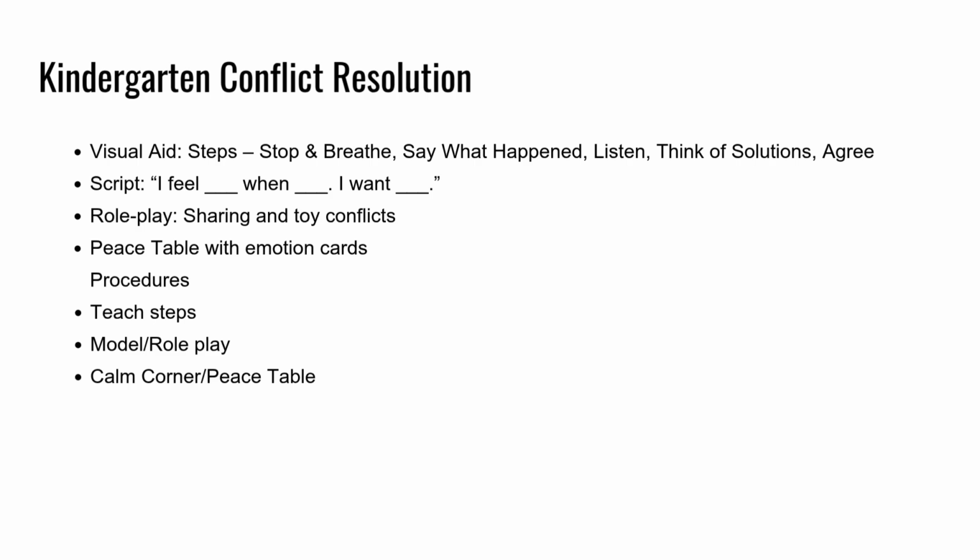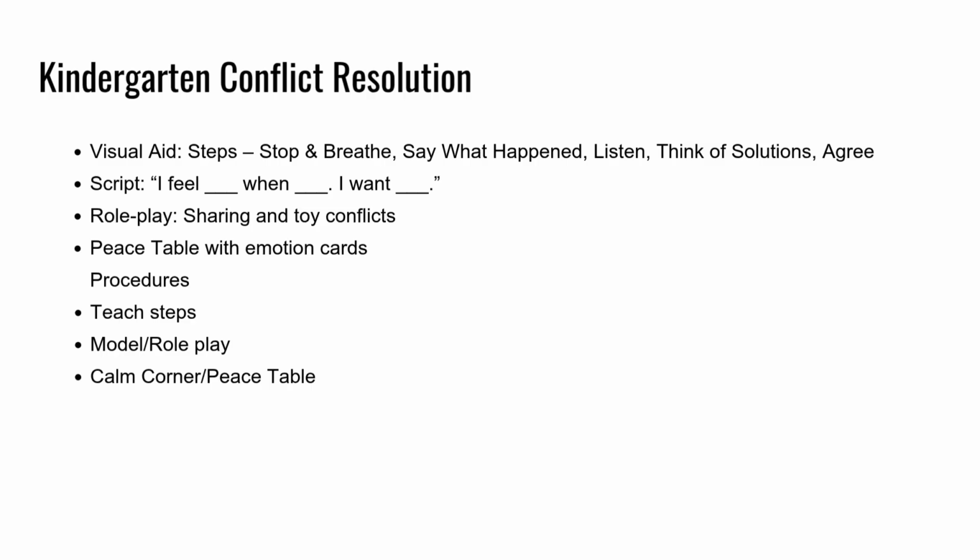Next, let's move into what conflict resolution looks like for the varying age levels. So for kindergarten, you would explicitly teach the steps. Use simple language and visuals to walk students through the conflict resolution process.